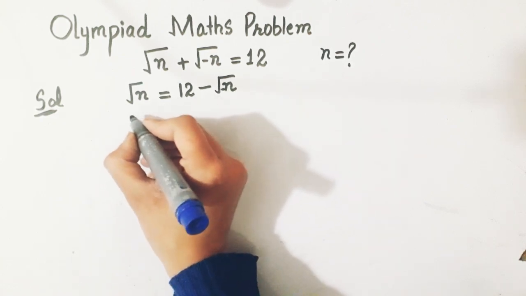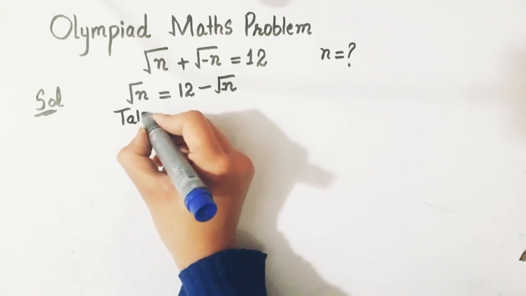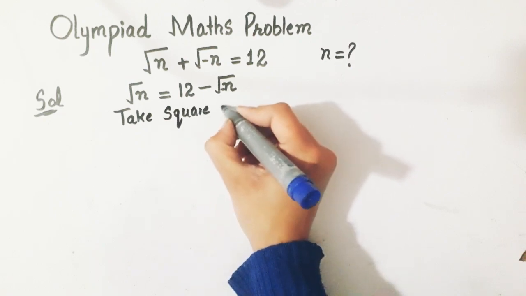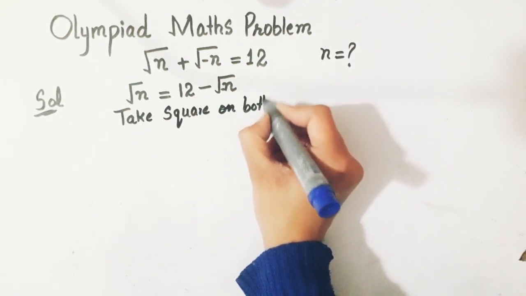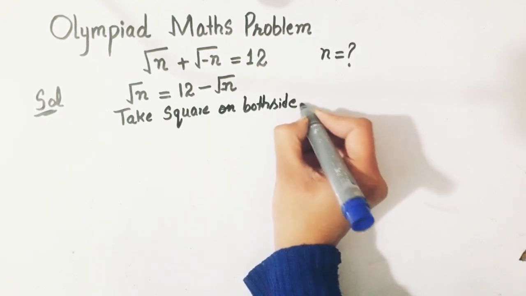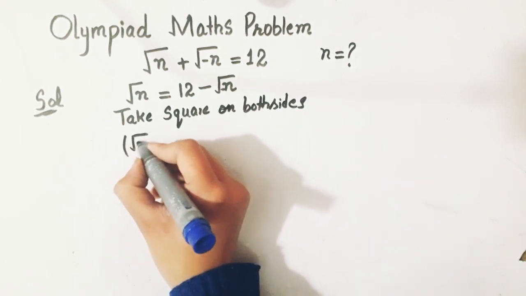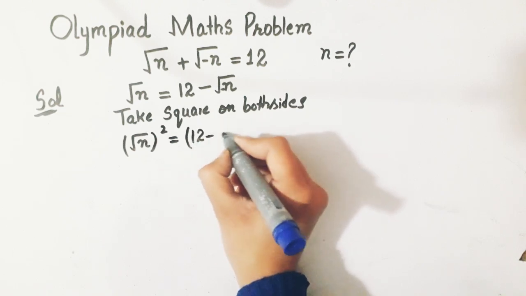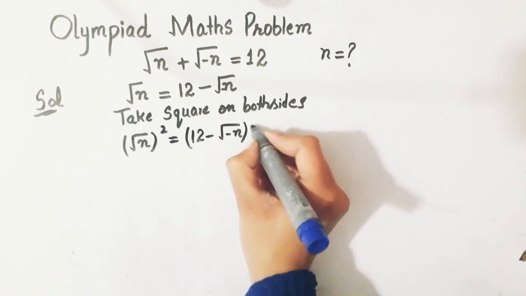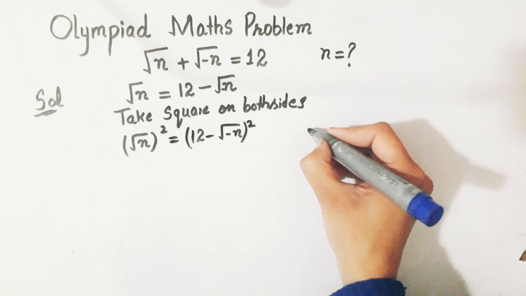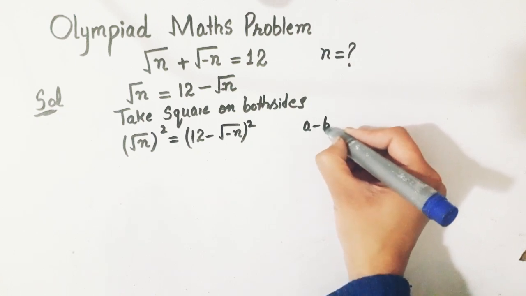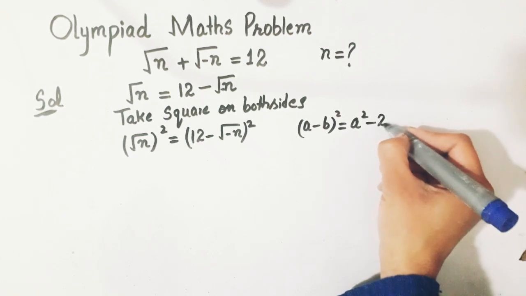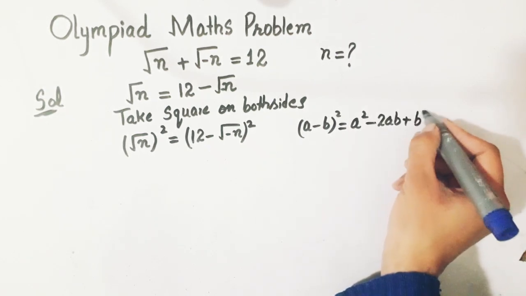Now we will take square on both sides. So this will become root n square, and on this side we have 12 minus root of minus n square. So here we will apply the formula of a minus b whole square, that equals a square minus 2ab plus b square.